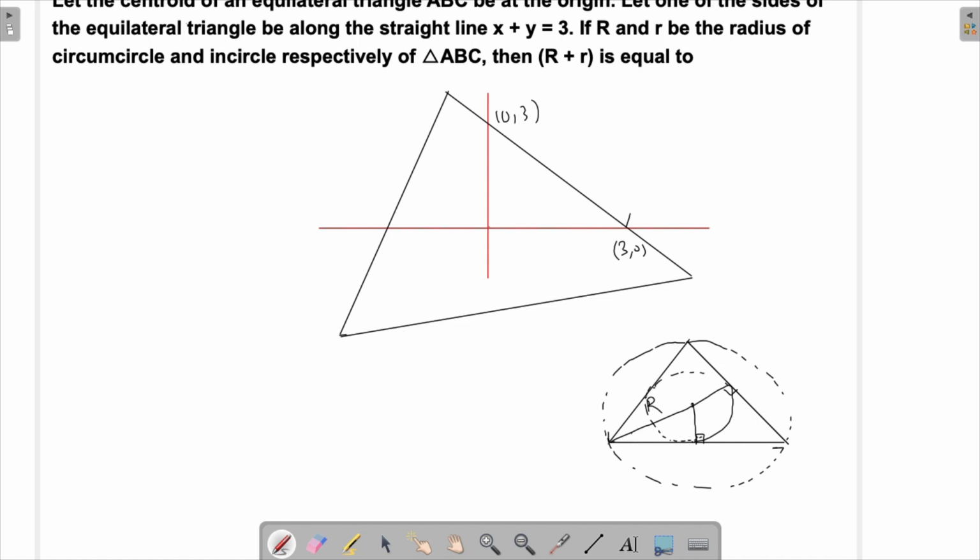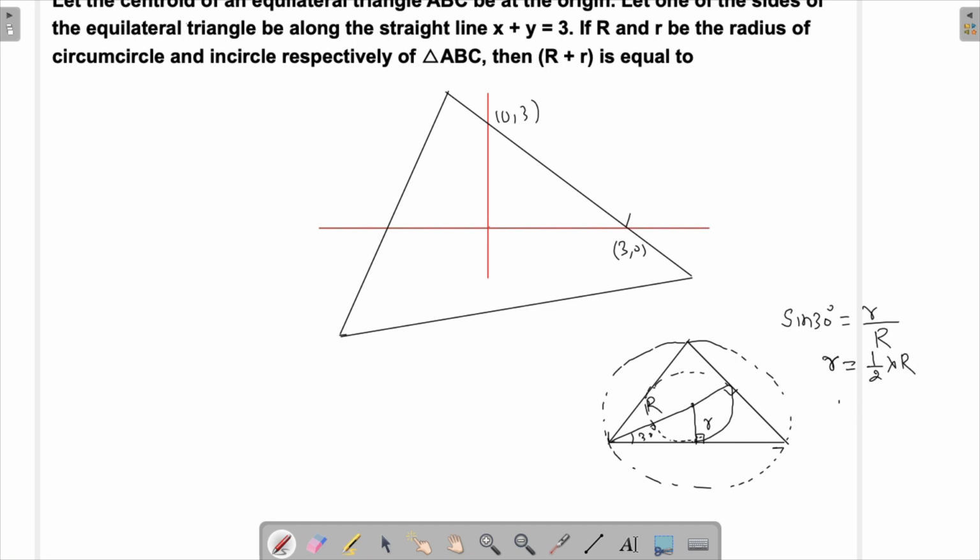So now this angle is going to be 30 degrees. This is going to be your R. So the relation between r and R in an equilateral triangle would be sine 30 degrees equal to r by R. And then you can find out r is going to be equal to sine 30 degrees, which is 1 by 2, into R. So this is my relation between r and R.